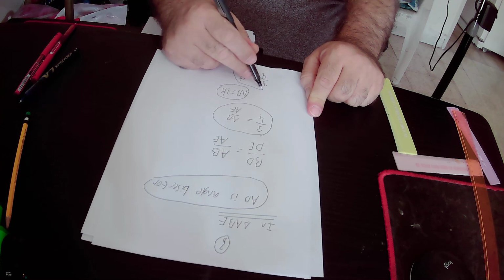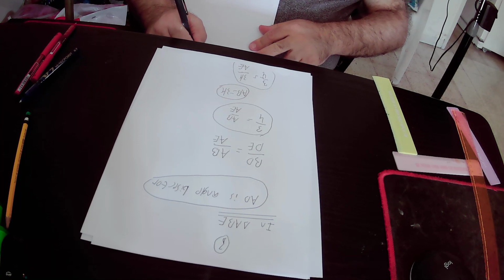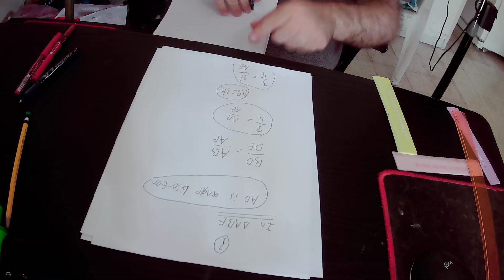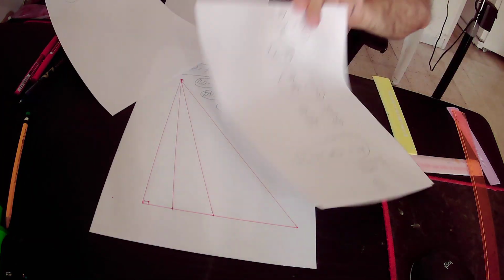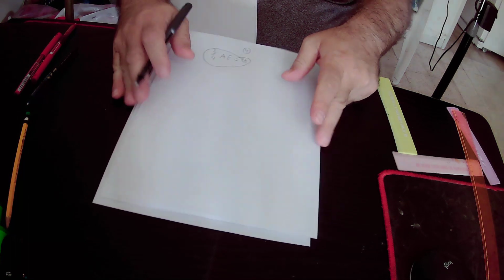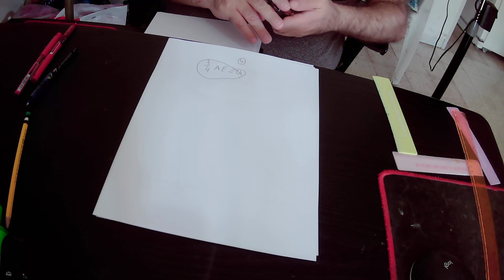Here we multiply this equality by AE, and we get 3 over 4 times AE equals 3K. Here we will multiply this equality by 4.